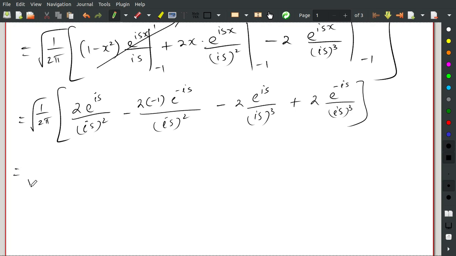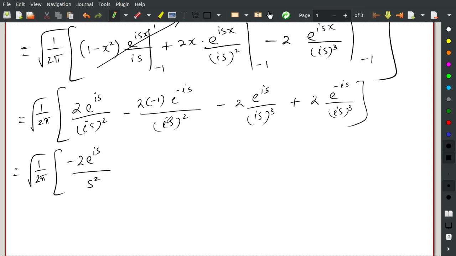Let's try to simplify this term even further. This i square becomes minus 1, therefore we have minus 2 e power is divided by s square, and this one is plus 2.